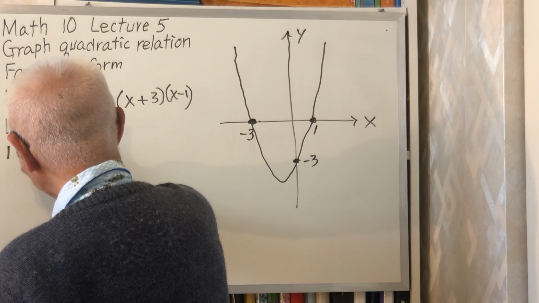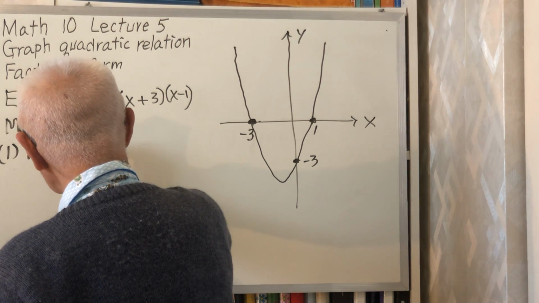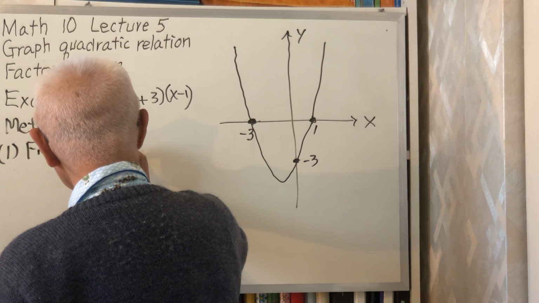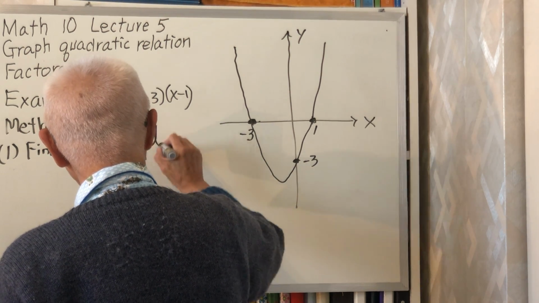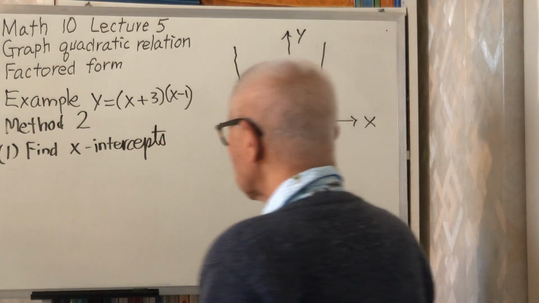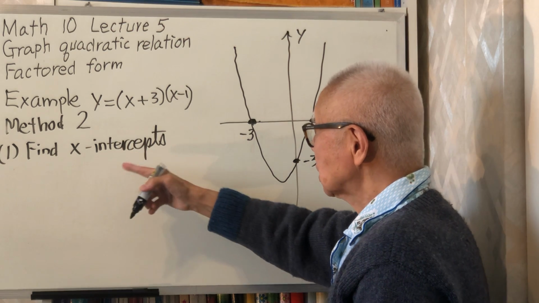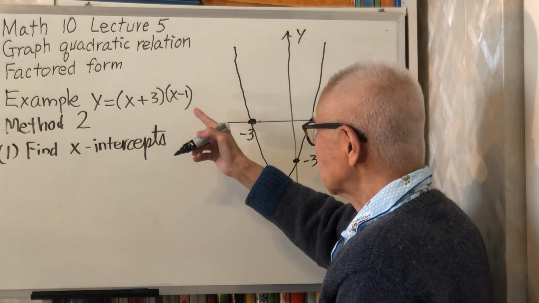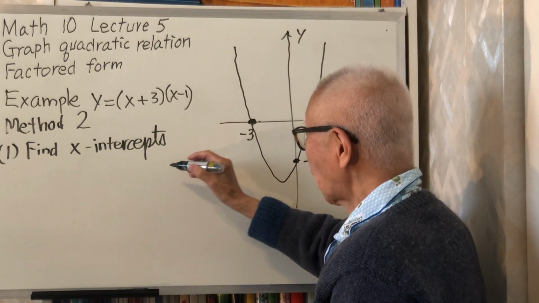The first step is to find the x-intercepts. For this example, we already had x-intercepts, which are -3 and 1.